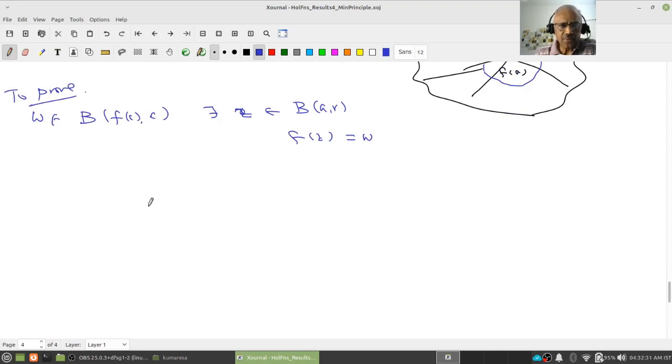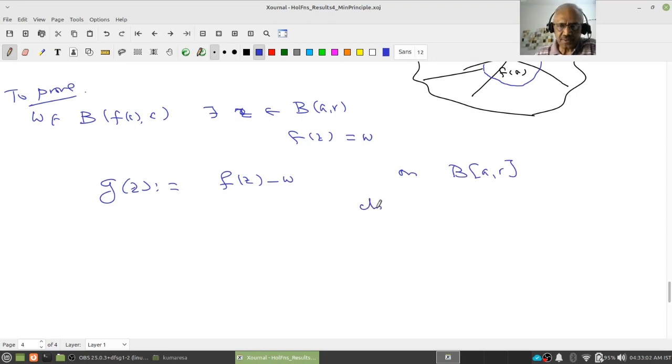So I want to use the minimum modulus principle. As you can see, the minimum modulus principle isolates 0, right? So I want to find a z such that f(z) equals w, but I also want to use the minimum modulus principle. Then what do you think I should consider? Consider the function g(z) equal to f(z) minus w on the closed ball.